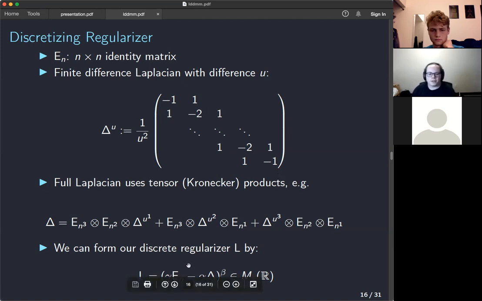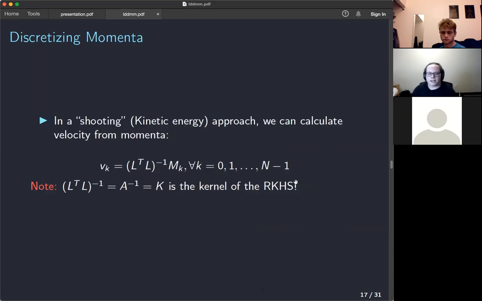And then we can make our discrete regularizer by taking the discretization of the identity map to be the identity matrix, and then we can take the discretization of the Laplacian to be our delta here, and that's just going to be a matrix in Mn of R. So again, in momentum, we can take this discretized L, do our L^T L inverse on the momentum, and then get our velocity back as well.